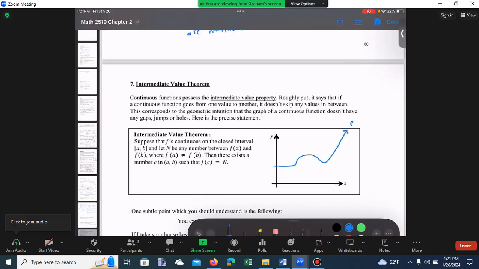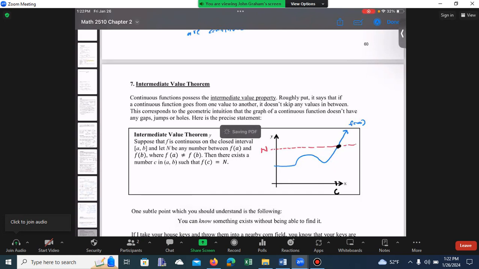And we'll call this line here n. We're going to look at point C, which is where these cross.